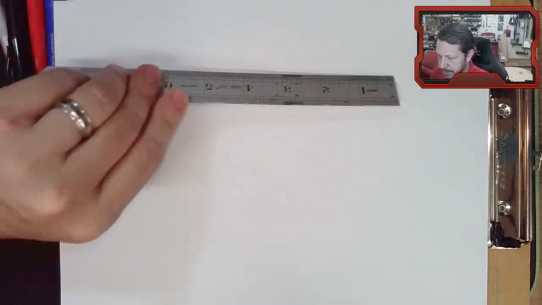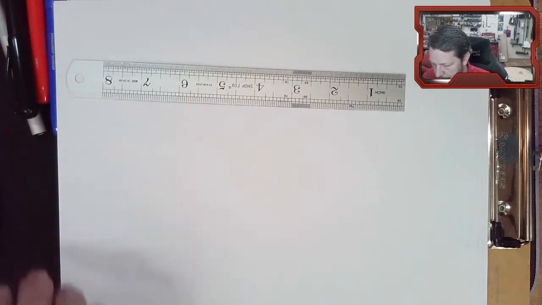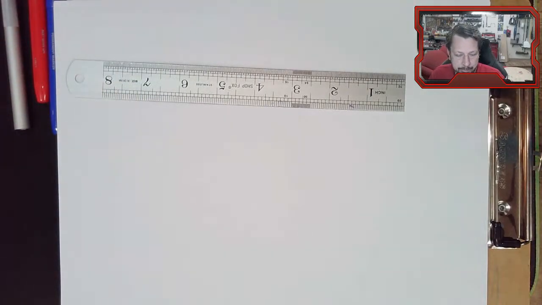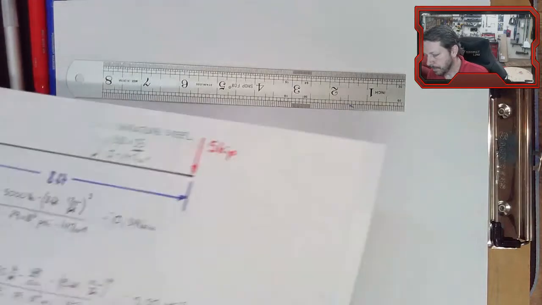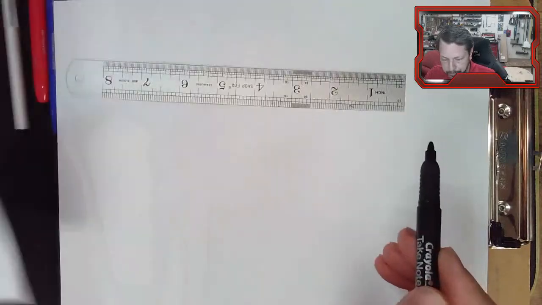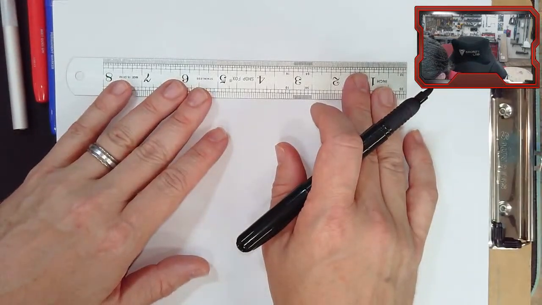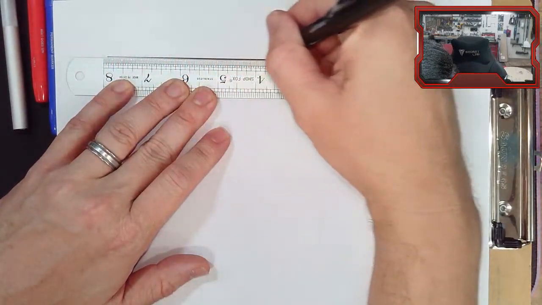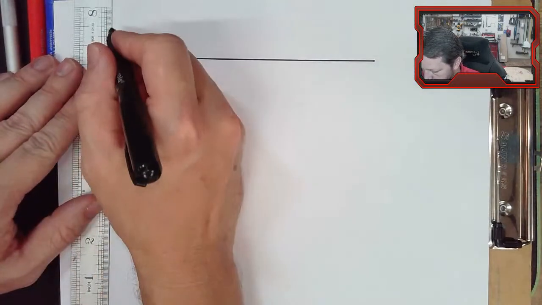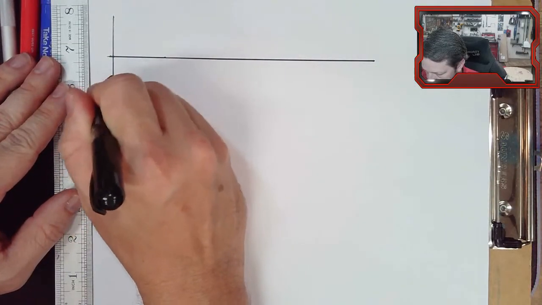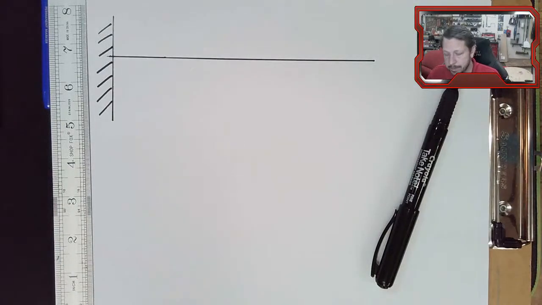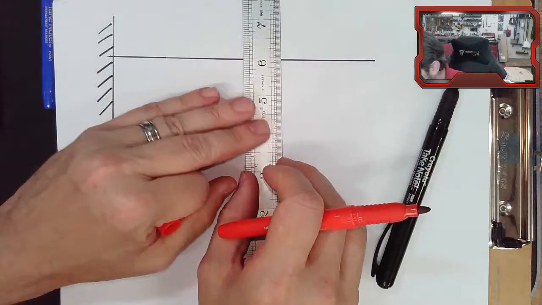Let's do a cantilever beam still. In fact, let's do one that's very similar to what we just had, but we make it longer. So let's set this same thing up, but let's just make the beam longer. So instead of the point load being at the end of the beam, it's going to be somewhere over here.